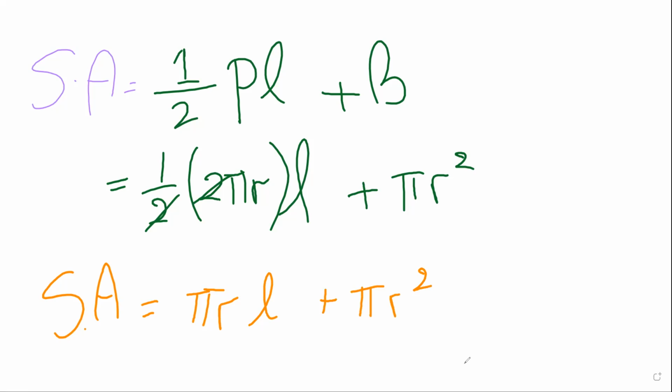So if I want to find the surface area, I just need the radius of the circle and the slant height. This is now for the cone.